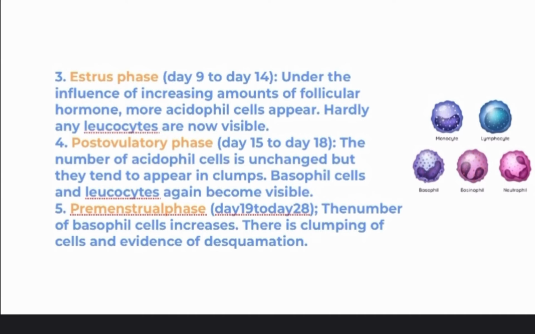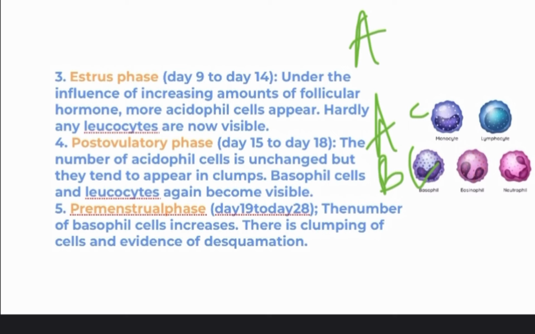And the other phases are the estrus phase, post-ovulatory phase, and premenstrual phase. In the estrus phase, there will be an increasing amount of follicular hormone and more eosinophil cells appear, which you can remember as capital A. In the post-ovulatory phase, there will be more acidophilic cells in clumps, so C, A, C. Basophil cells and leukocytes are also seen, so BL in the post-ovulatory phase.